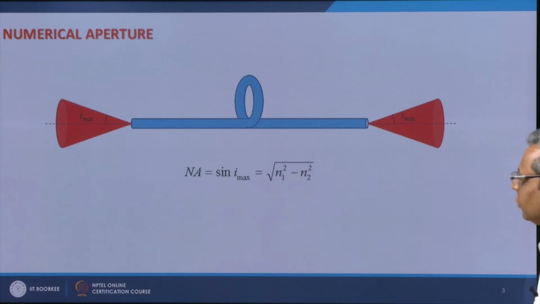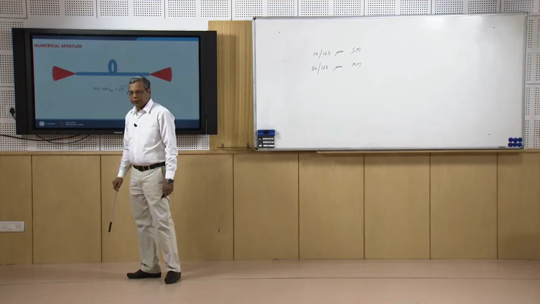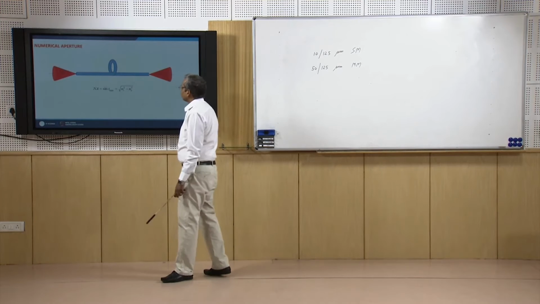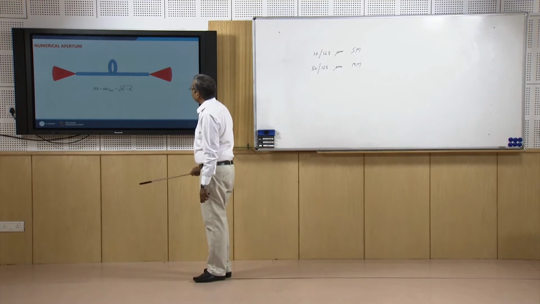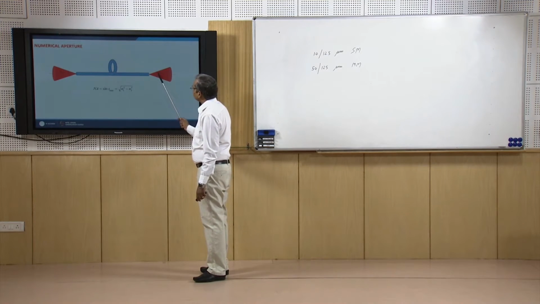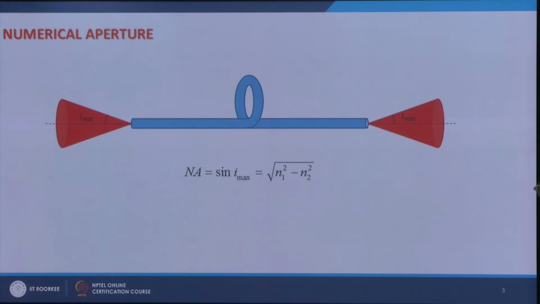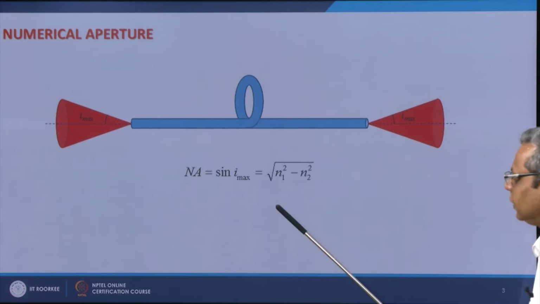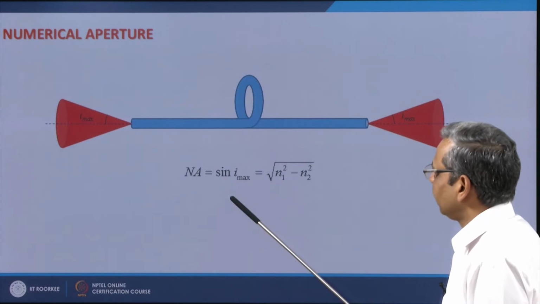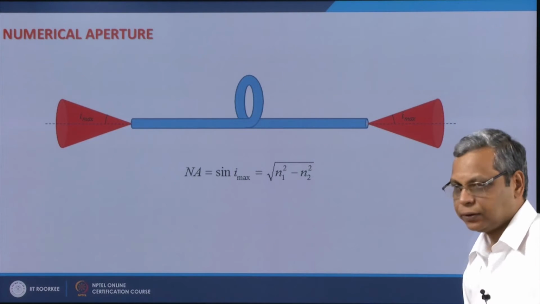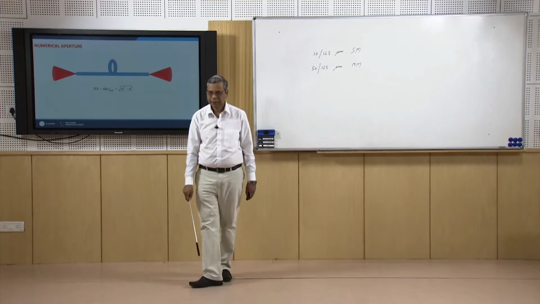So, in order to find out the numerical aperture of the fiber, we need to measure this angle I max at the output end of the fiber. And if we can measure this angle I max, then we can find out the numerical aperture of the fiber by simply taking sine of this I max.